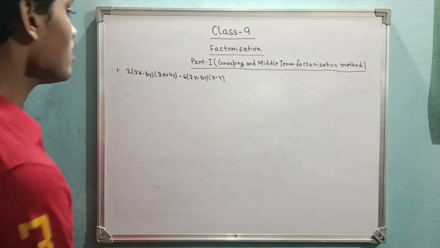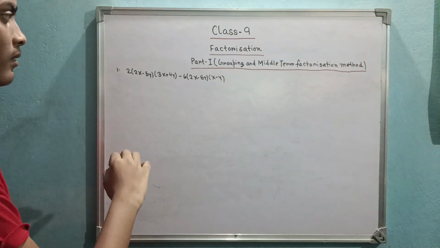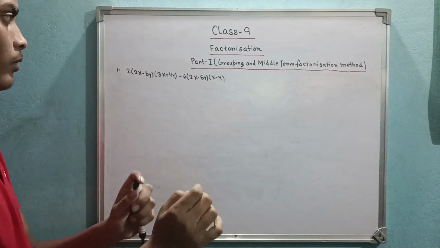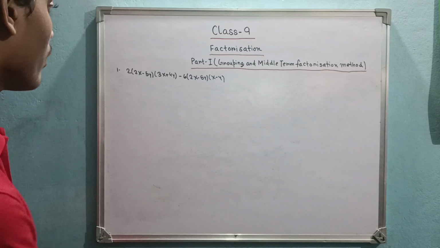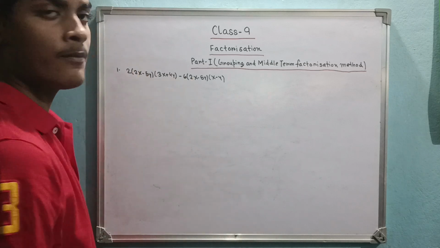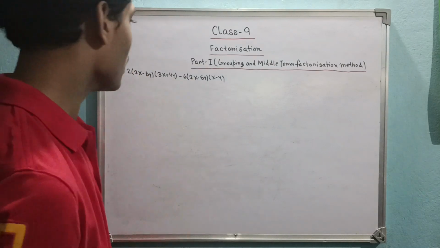So we have been told to factorize this problem with the help of the grouping method. So what do we have common here? 2x minus 5y is common here. So let us do it.